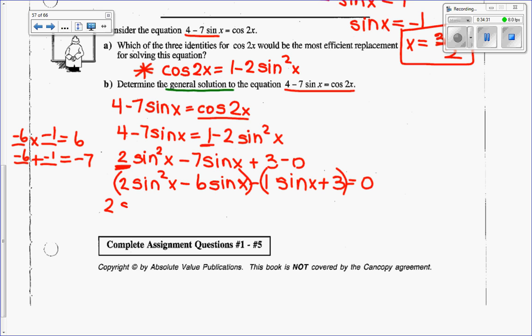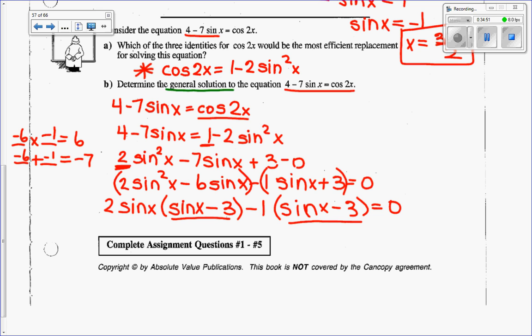I see a 2 sine x in both, so that would leave me with 1 sine x minus 3, and then I have minus 1 sine x minus 3. As long as this term is the same as this term, I know that I've done it correctly. Now I'm going to group what's outside of the brackets together. 2 sine x minus 1 is one factor, and sine x minus 3 is the other factor.